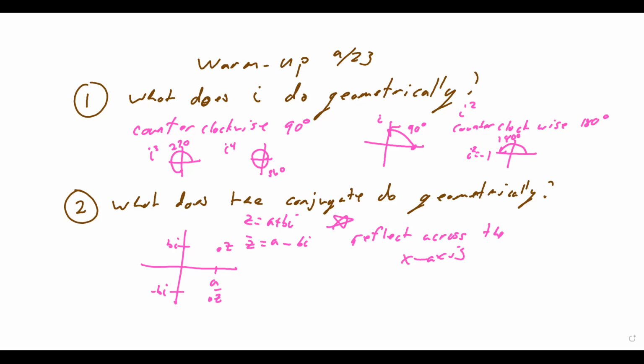We are on page 35. Exercise 1 is the only one I want you to do. So the question's basically asking, what would you have to do to a complex number to reflect it across the y-axis?